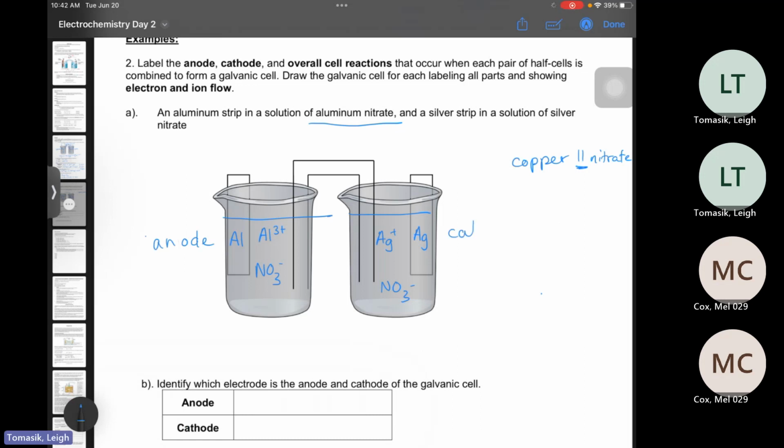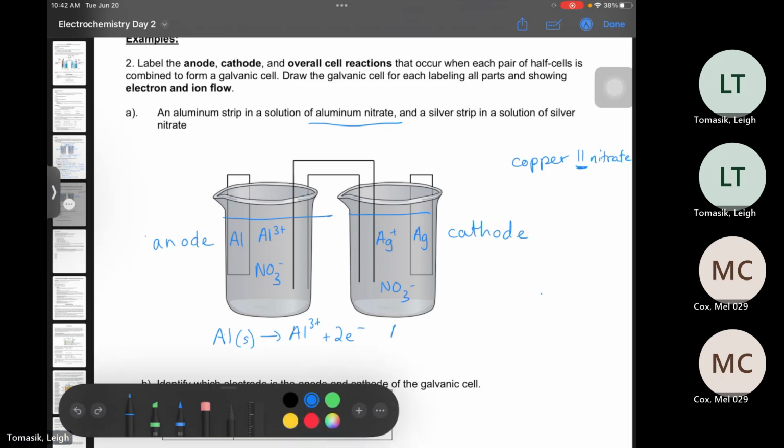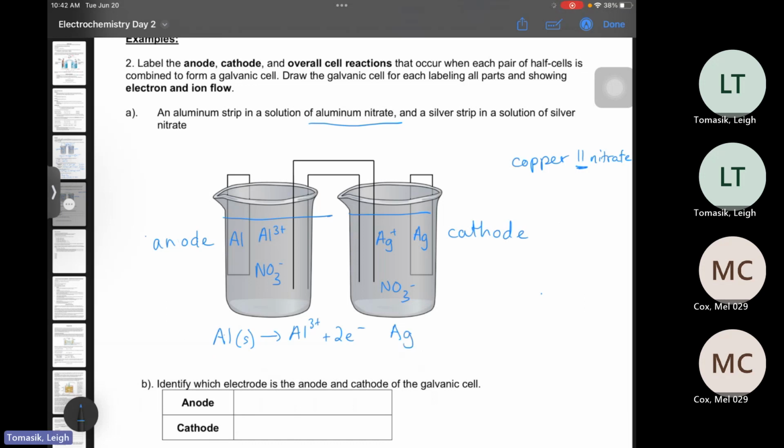And silver is my cathode. And that means that at my anode, I go from the metal to the ion, and I lose 2 electrons. At my cathode, I go from an ion to a solid.